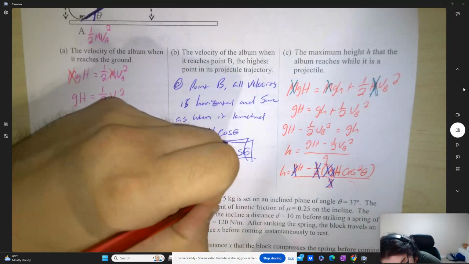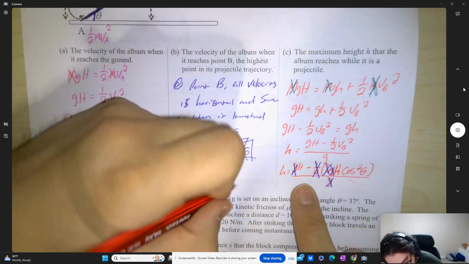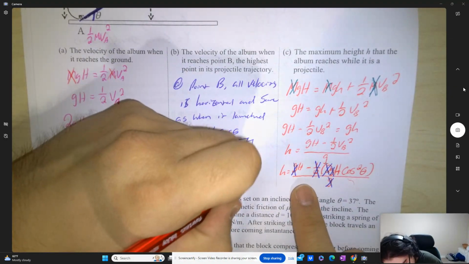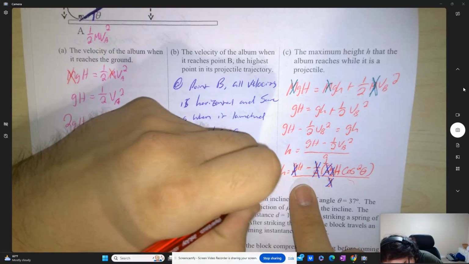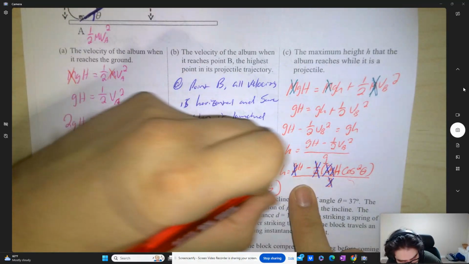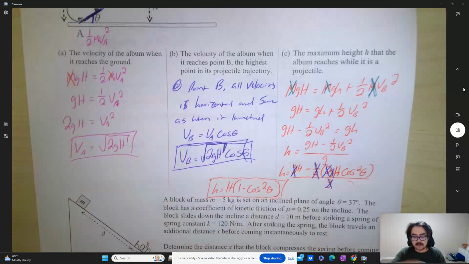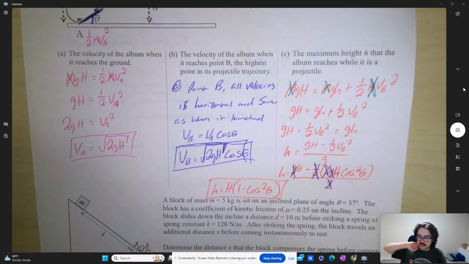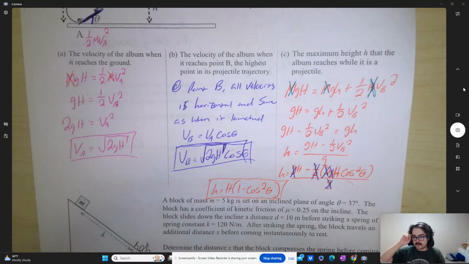So you should get h equals, and I'm going to factor that out, H times (1 minus cosine squared theta). So that's how you'd get that. That's a long process just to get to this point. All right, so that's how you can do that one.